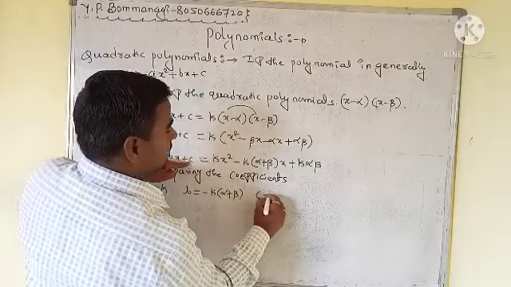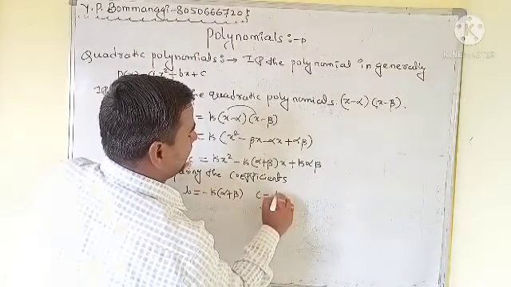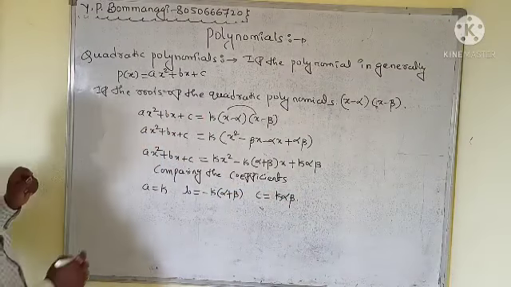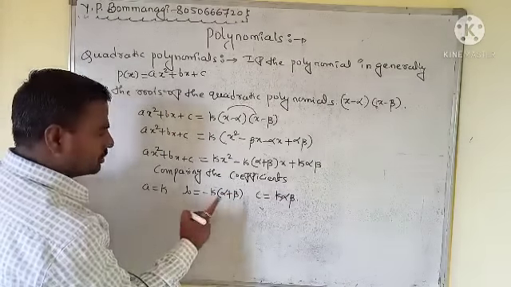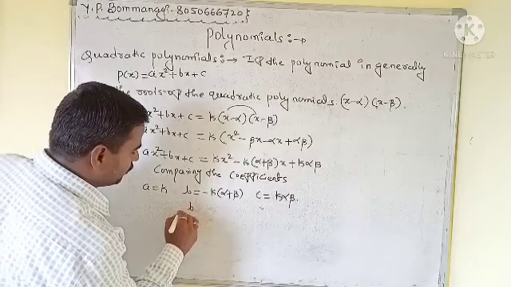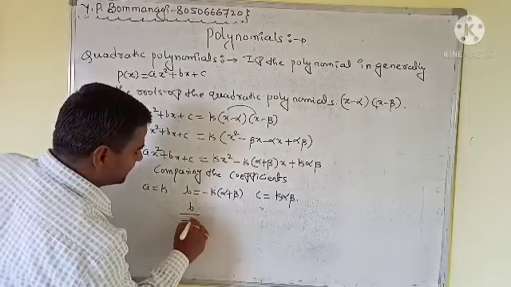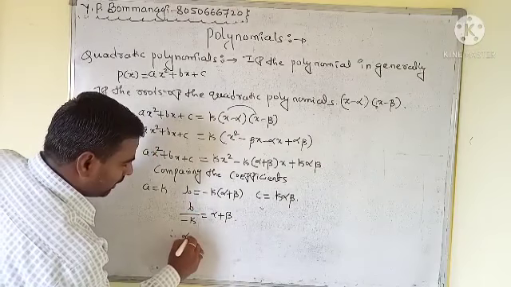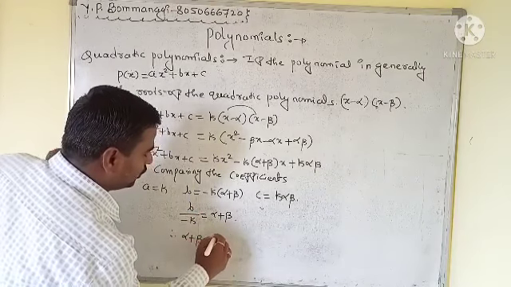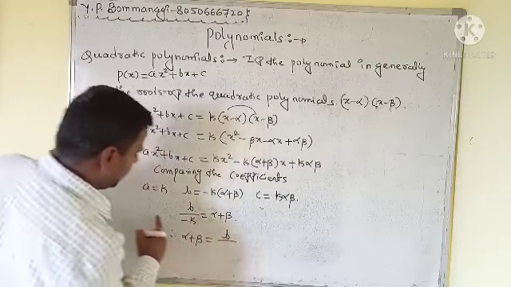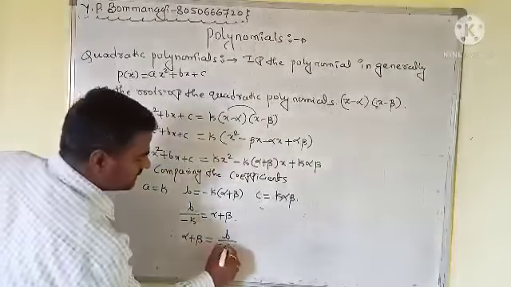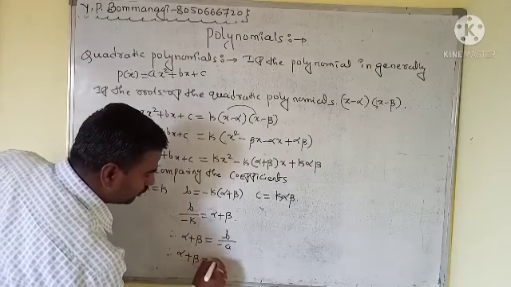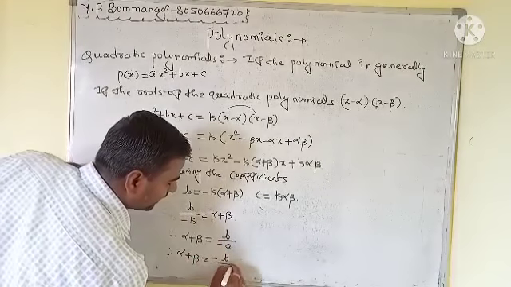Third terms, c is equal to k alpha beta, right? So now you can observe what we have defined. So b is equal to minus k times alpha plus beta. Therefore alpha plus beta is equal to minus b by a, since k means a.